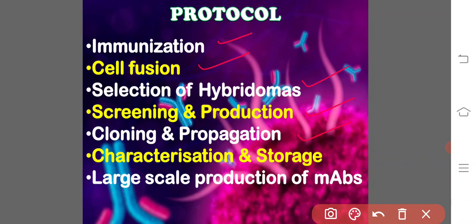Characterization is done and they are stored as frozen antibodies. Whenever we require, we produce them on a large scale. This is the protocol for the monoclonal antibody preparation.